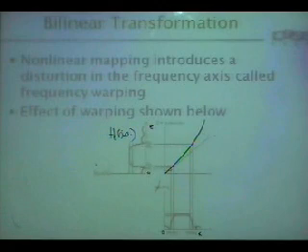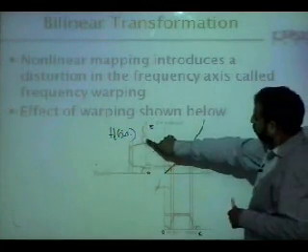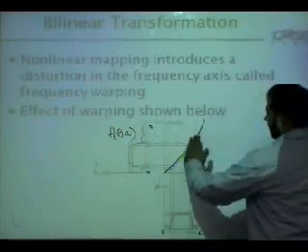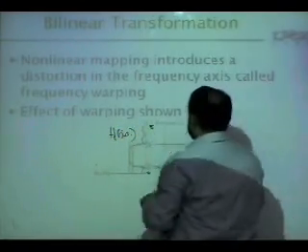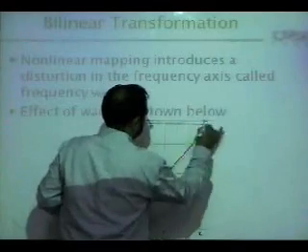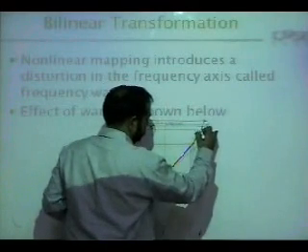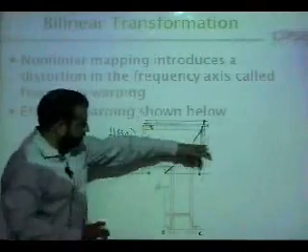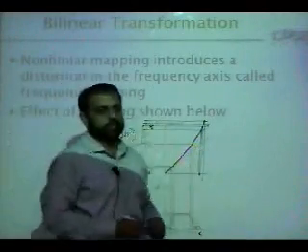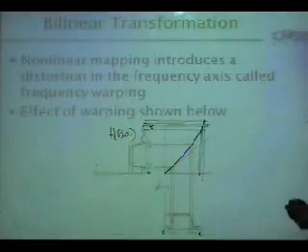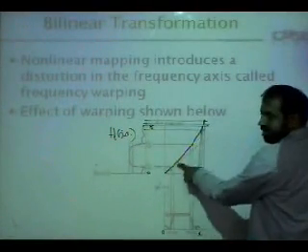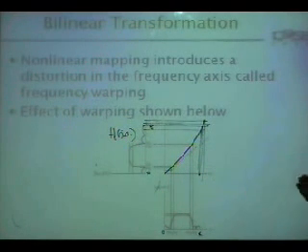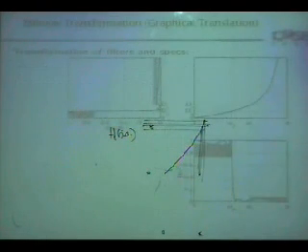But what is the effect? The effect is that as you move towards these frequencies, the curve is like this, so this big region will map to this very small region. This is non-linear mapping. Here it is almost linear, but as you move away it is non-linear, and this will cause warping of the response.